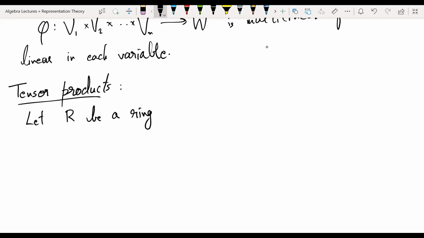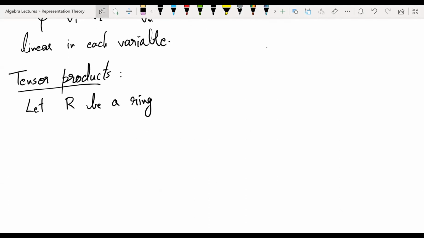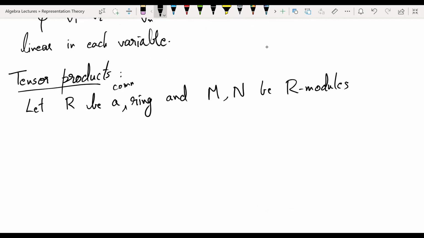Otherwise, a week will go away on tensor products. And let M and N be modules. Ring here means a commutative ring with unity, the nicest possible ring. The definition may work slightly more generally, but we don't want to worry about that.